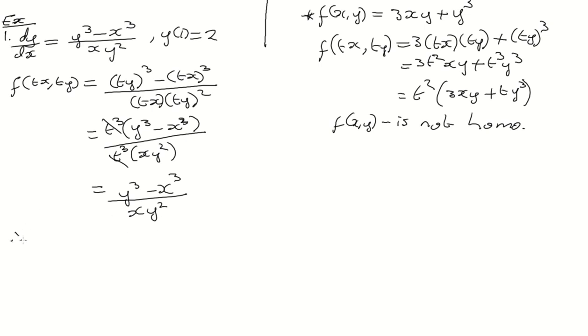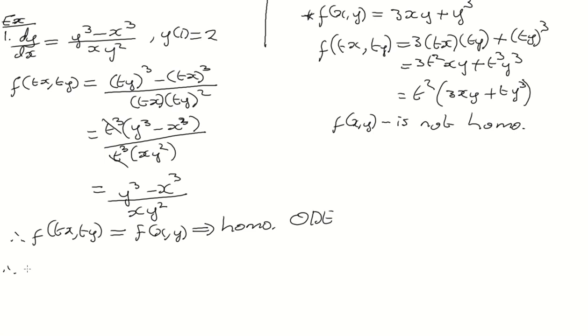What we see here is that f of tx, ty is equal to f of x, y. To me, this implies I'm facing a homogeneous ODE. Then I start solving. When I solve, I have to substitute y is equal to v of x.